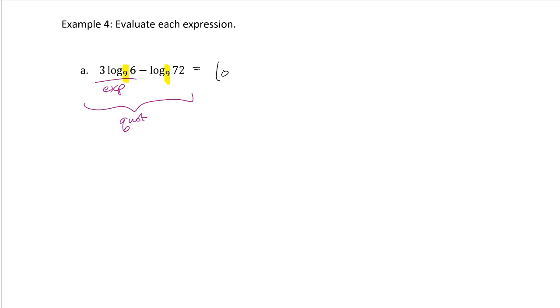So I'm going to rewrite this first and foremost. Log base 9, don't forget your base if you're working with something that has one, of 6 to the power of 3, which I'm going to have to figure out in my head, over 72. That's what we're looking at here. Again, a calculator would probably be something we'd want to use here, but because it's base 9, I can't just press the log button.